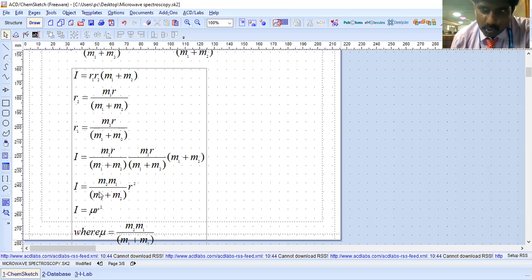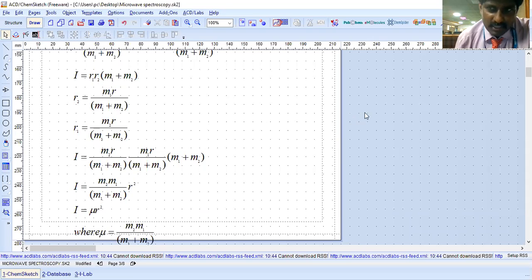In vibrational spectroscopy, determination of force constant, we discussed this mu value. What is this mu? Reduced mass. Mu is equal to the reduced mass, that is M1 M2 by (M1 plus M2). This is the derivation for mu, the reduced mass.